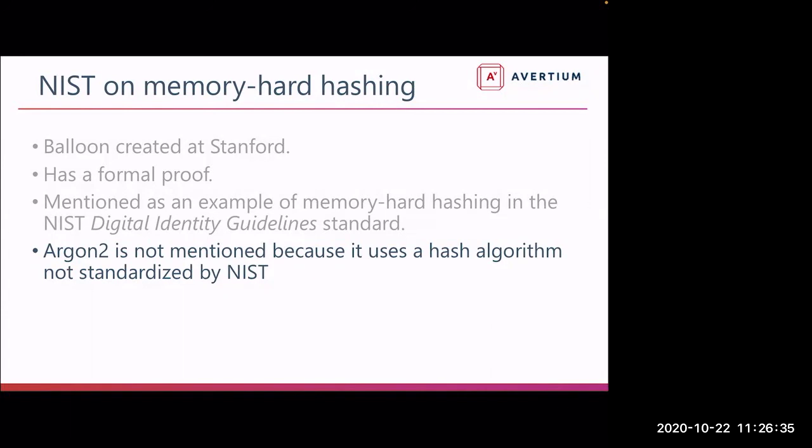But Blake wasn't chosen. Why? Because it was too slow in hardware implementation, slower than the one that was actually chosen. And that's kind of funny considering what we want. We want slow hashing. So a variant, a subsequent evolution of Blake, was used in Argon2.